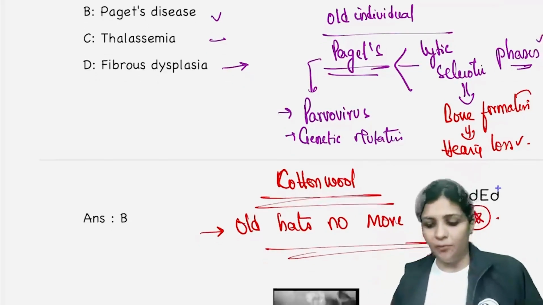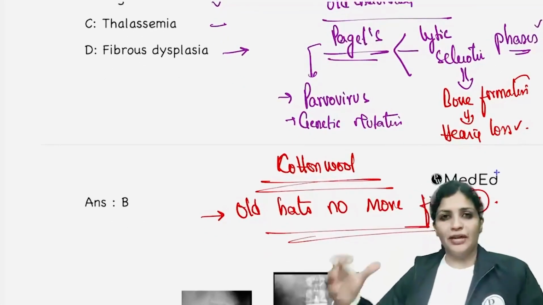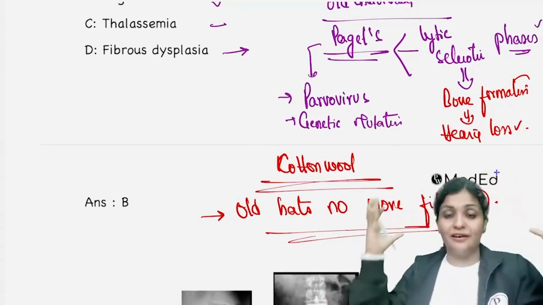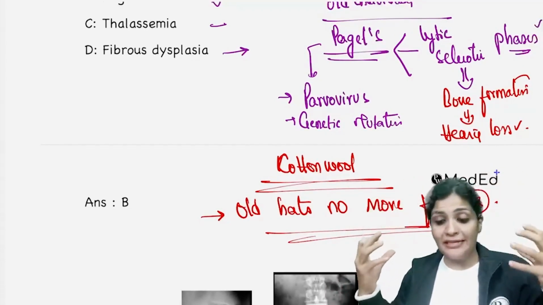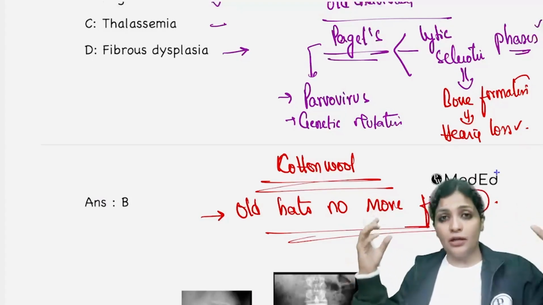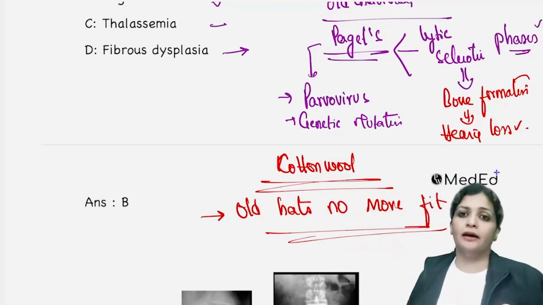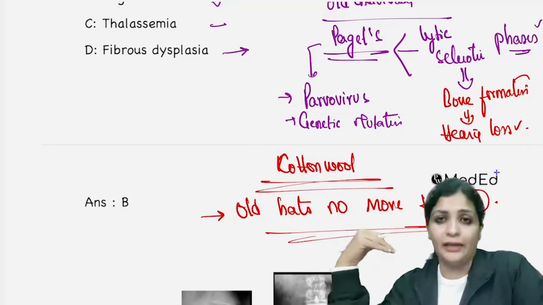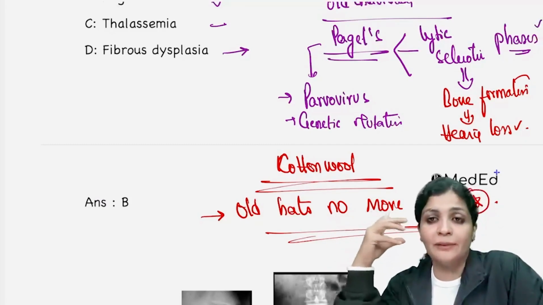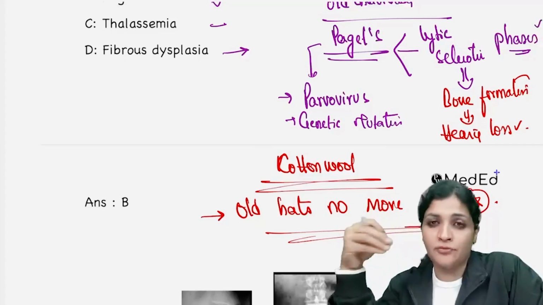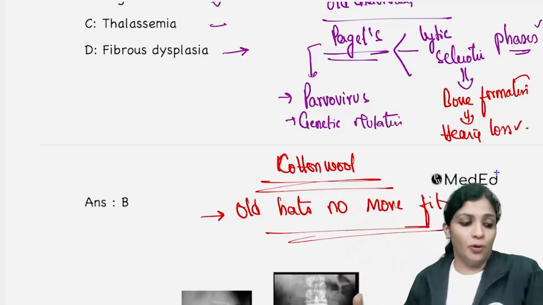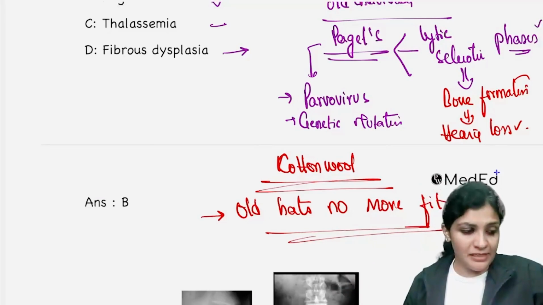The old hats no more fit means the size of the head increases because of the sclerosis, and the man who was wearing his hat would need one size less. That means the hats don't fit correctly. Similarly, because of the increase in sclerosis there will also be a hearing problem for the patient. So that is Paget's disease.